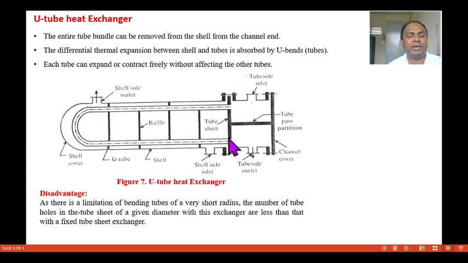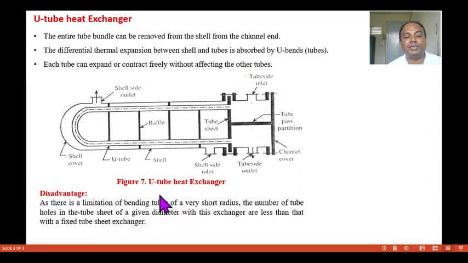There is a possibility that these U-tubes may get loose when the hole size of the tube sheet extends or contracts during the process. So this may be one of the limitations, or a disadvantage, of the U-tube heat exchanger. The bending of tubes of a very short radius, and the fixing of the U-tube onto the tube sheet, mean the number of tube holes in the tube sheet of a given diameter is less than that of the fixed tube heat exchanger.